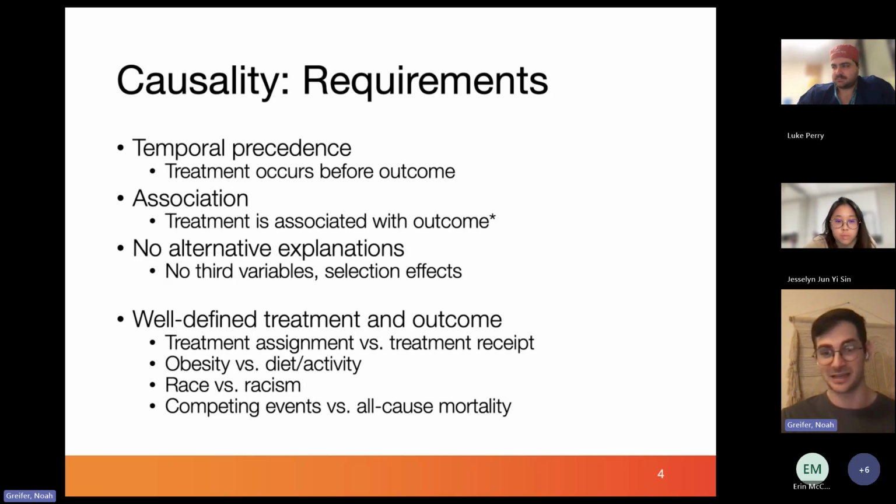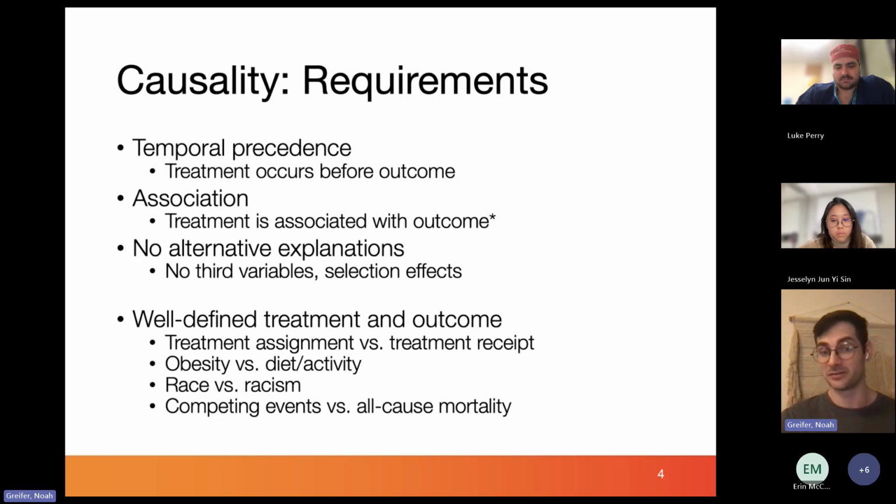Understanding the effects of obesity, how can we disentangle that from the effects of the causes of obesity, like diet and activity? Understanding the effect of being from a certain race versus experiencing racism.